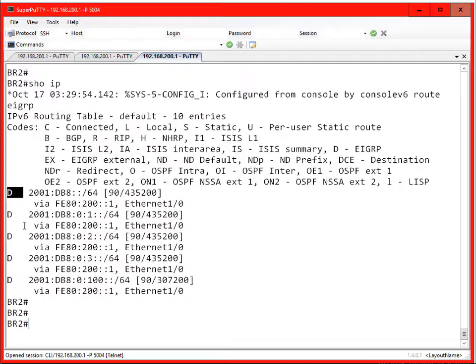And by the way, we would still see D or DEX. We have the destination prefix. We have the administrative distance, the metric, the next hop, and the exit interface. So the only thing that's really missing from this that we saw on IPv4 was the age of the route, right? That's one piece that's kind of missing here.